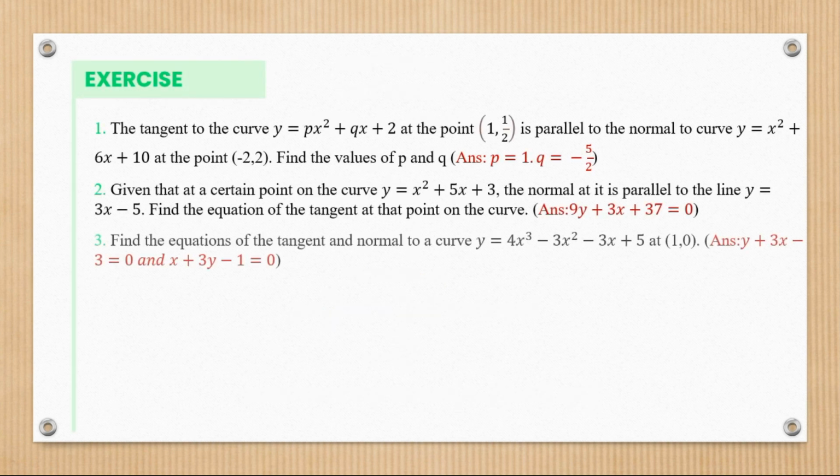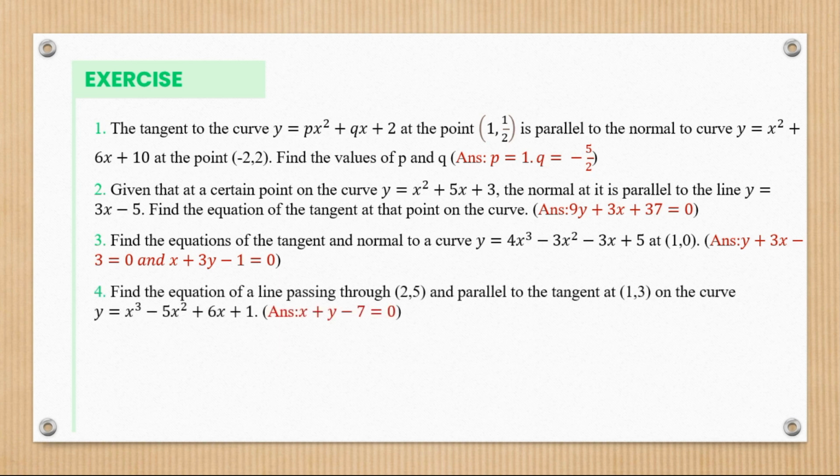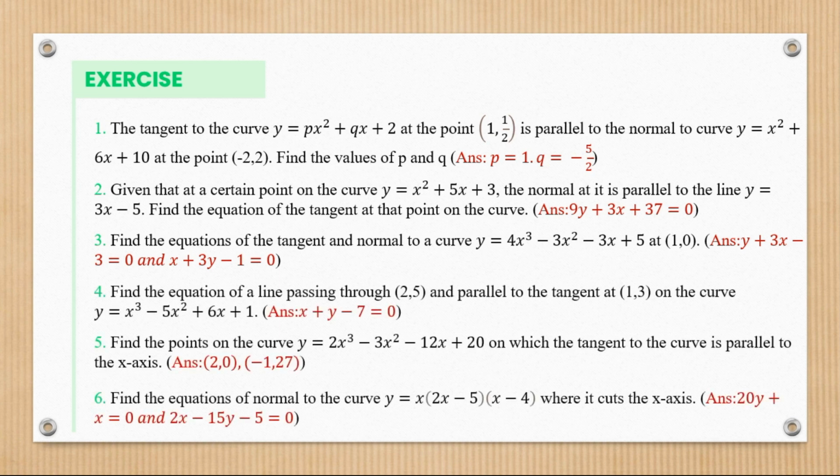Alright, so lastly, I have an exercise for you. These are numbers I encourage you to try out in your free time, and then compare your answers to the answers that you actually see in brown color right here. These are the answers you're supposed to get when you solve the numbers correctly. So try them out and compare. I encourage you to pause the video and copy the questions and then try them out.